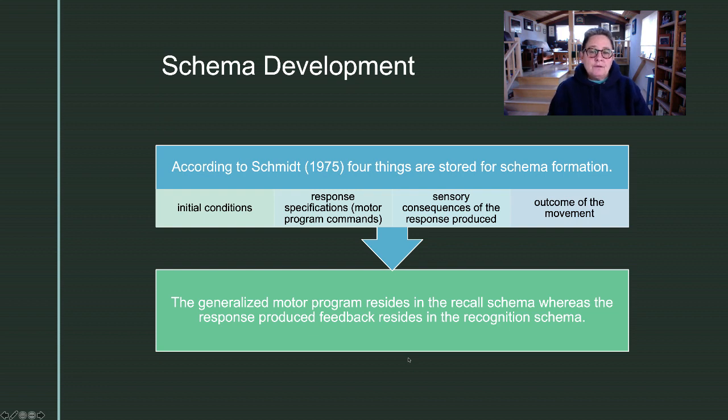So, to complete our lecture for today, I want to talk about 4 things that Schmidt argues surround the schema formation. In our lecture today, I've used a few times the word argue.